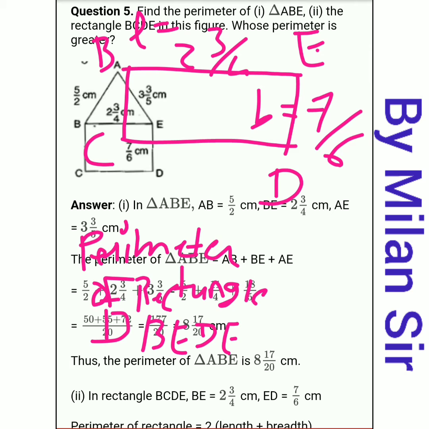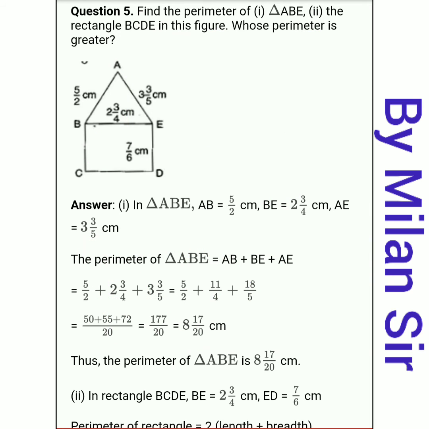Again these 2 sides are breadth, so we can write 2B. So we can use the formula 2 in bracket L plus B. If you forget this formula, then just add the 4 sides. But if you remember this, then just use this formula. So 2 in bracket L plus B.